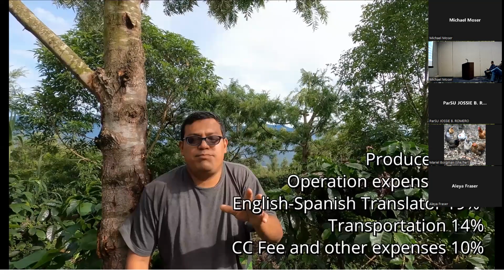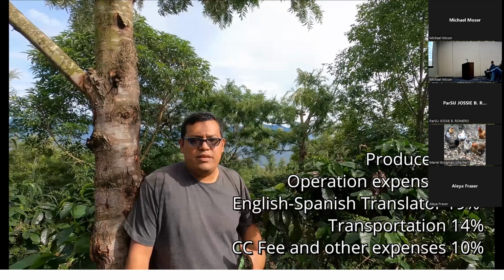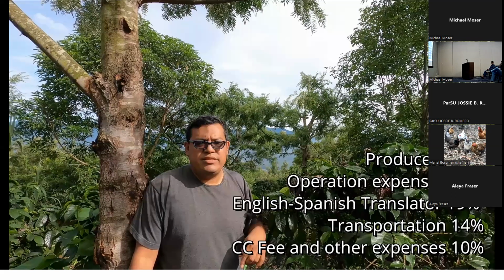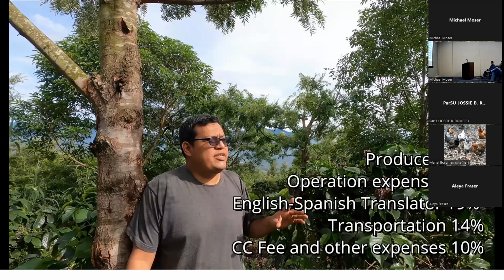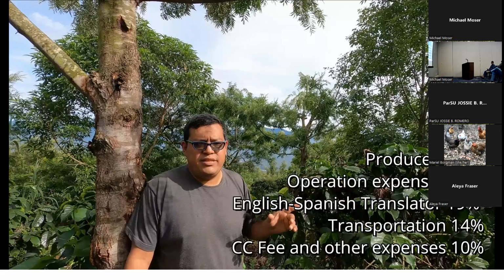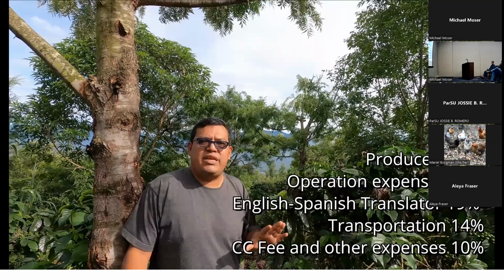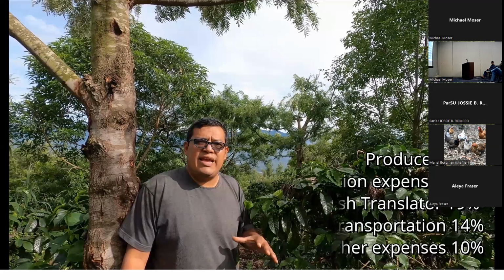Operation expenses from De La Gente, 23%. English, Spanish translators, 19%. Transportation, 14%. And credit card fee and other expenses, 10%. That is the way that De La Gente divides the income, the money from the tours.